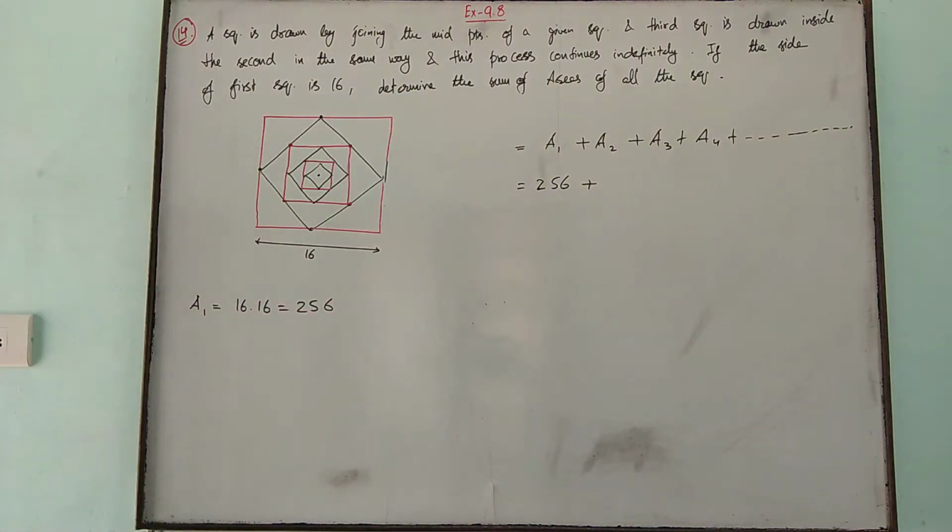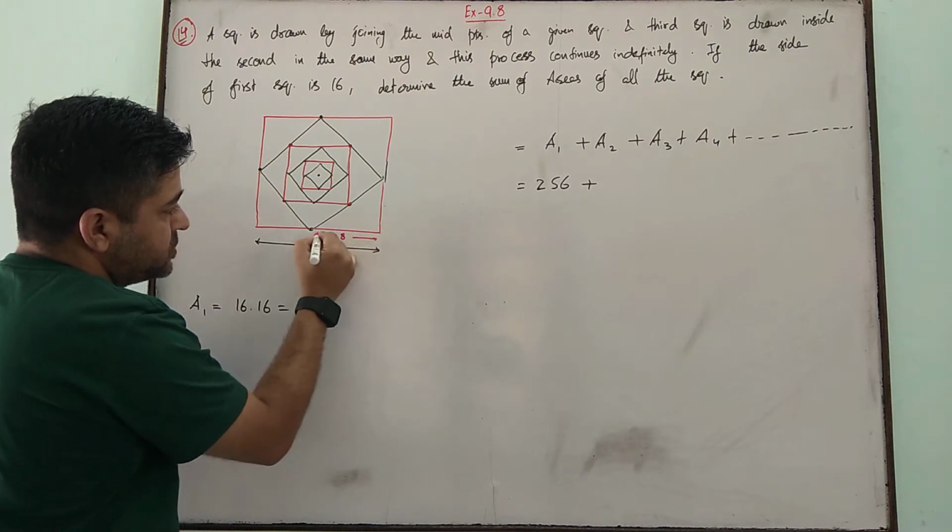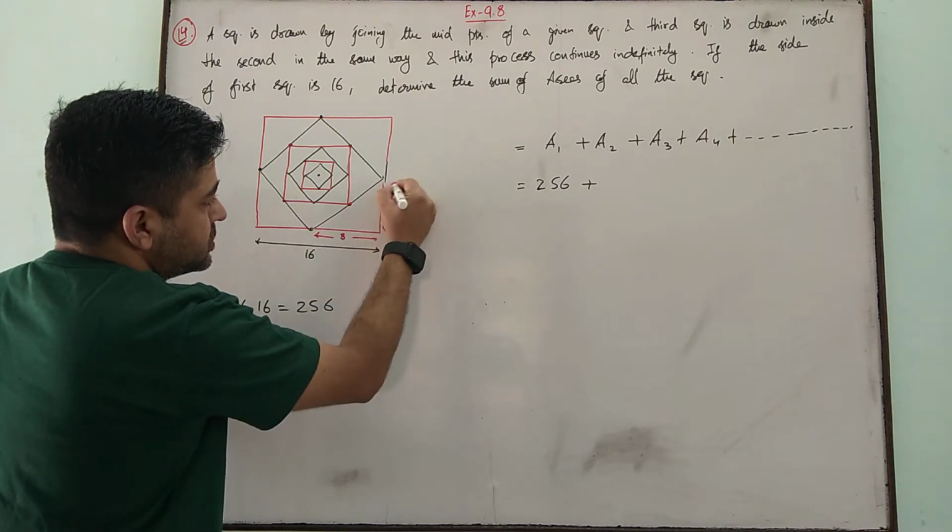Then for the second square, if this is 16, this would be 8.